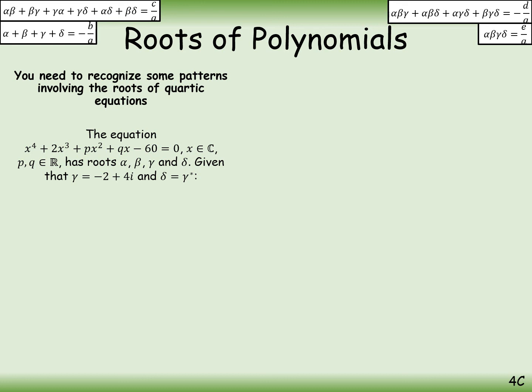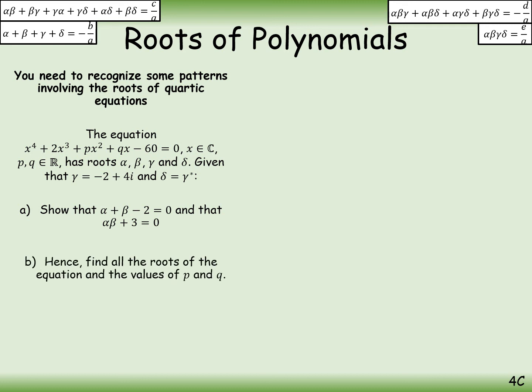Given that gamma is equal to minus 2 plus 4i and delta is equal to gamma star, which is the conjugate of gamma. (a) Show that alpha plus beta minus 2 is equal to 0, and that alpha beta plus 3 is equal to 0. (b) Hence find all the roots of the equation and the values of p and q.